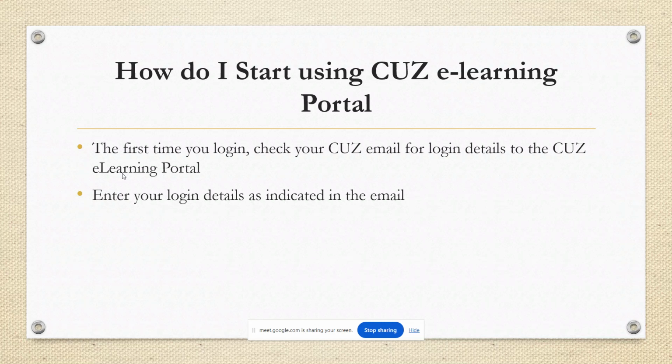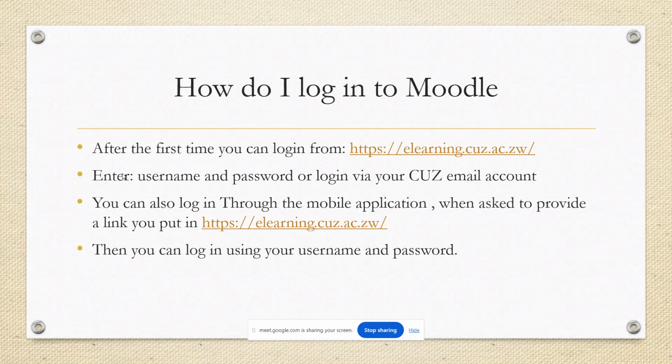You receive an email on your CUZ email, and then you use the login details provided there, entering those details as indicated on the email. The email is quite self-explanatory. It's very informative.